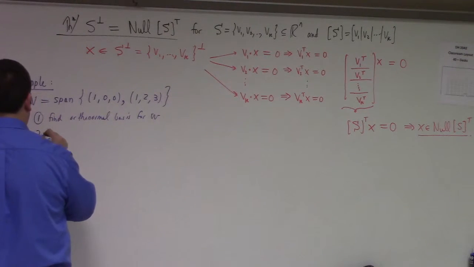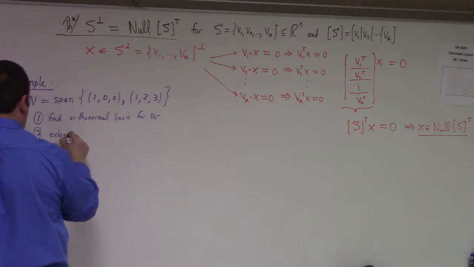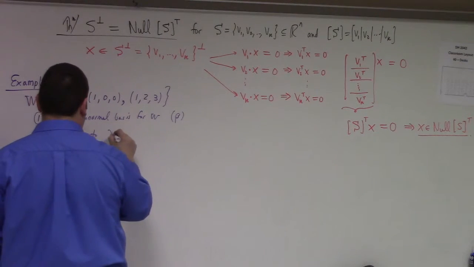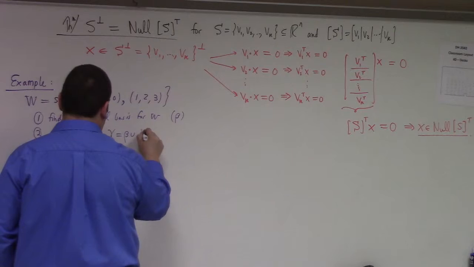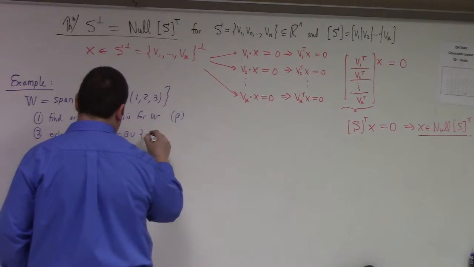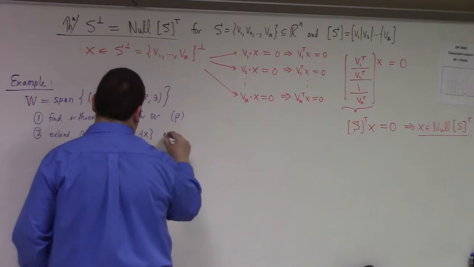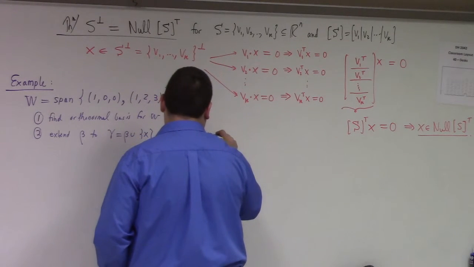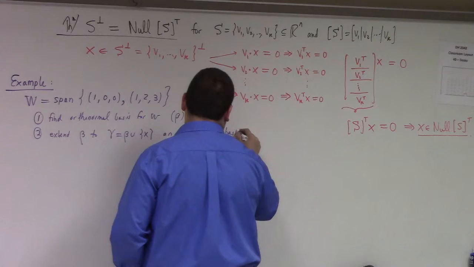And then step number 2, extend, let's call that beta. Extend beta to gamma, which is beta union some other vector, say x, an orthonormal basis for all of R3.